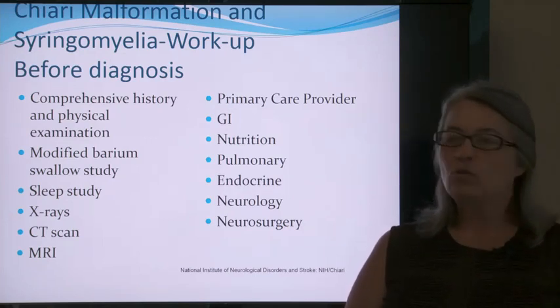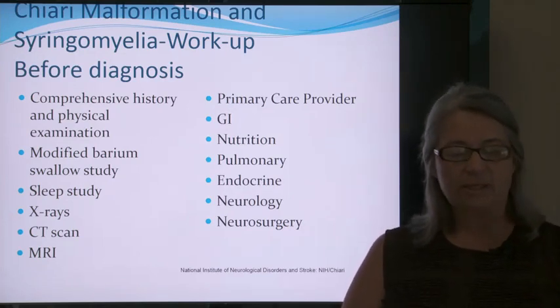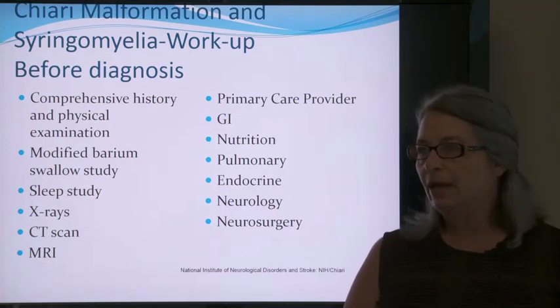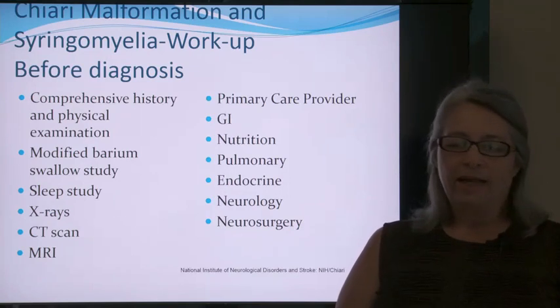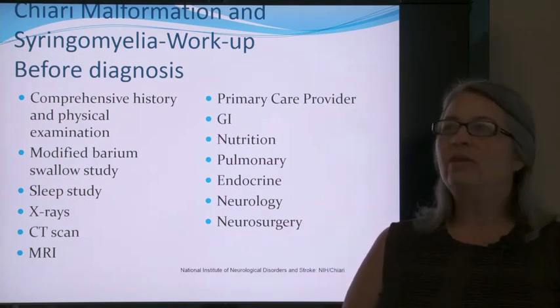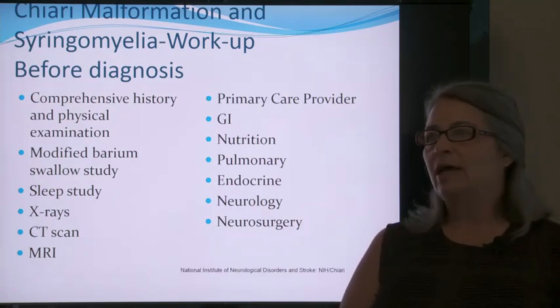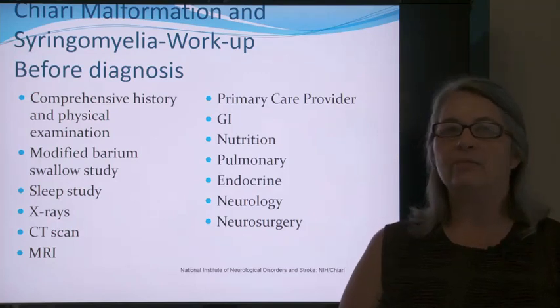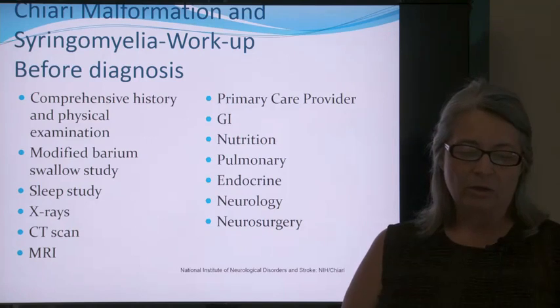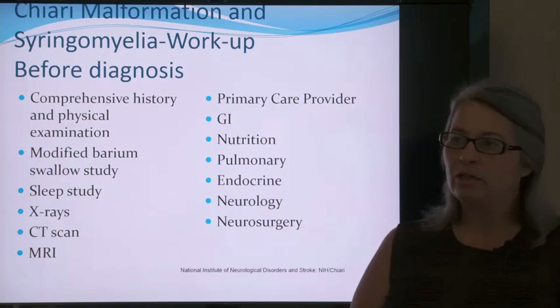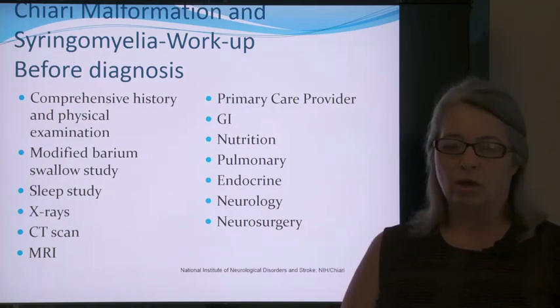They've generally had swallow studies and sleep studies because they're noisy breathing, or they might have some apneic episodes while they're breathing. They may have had x-rays and CT scans, and then an MRI is generally the last thing that's done, and then the Chiari is found and they're referred to neurosurgery. So there are a lot of specialists that can be involved in this along the way.